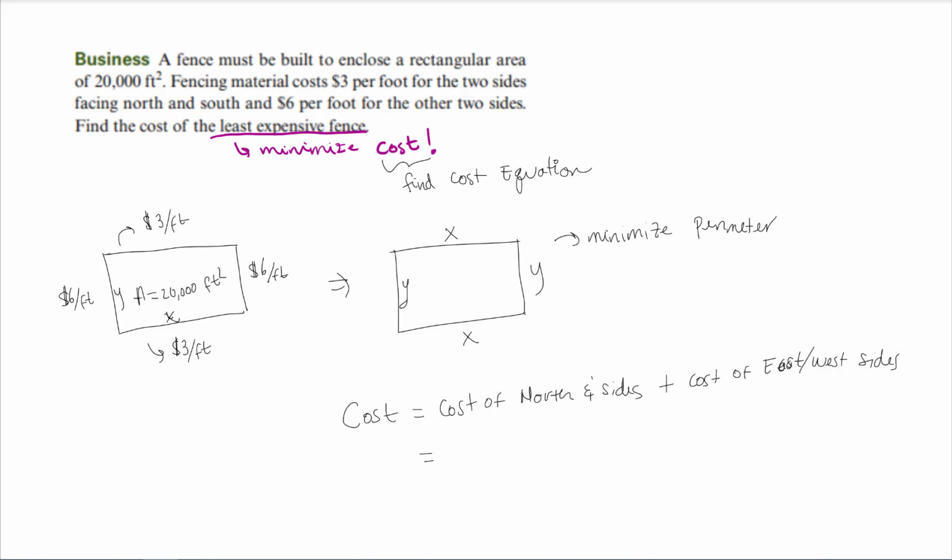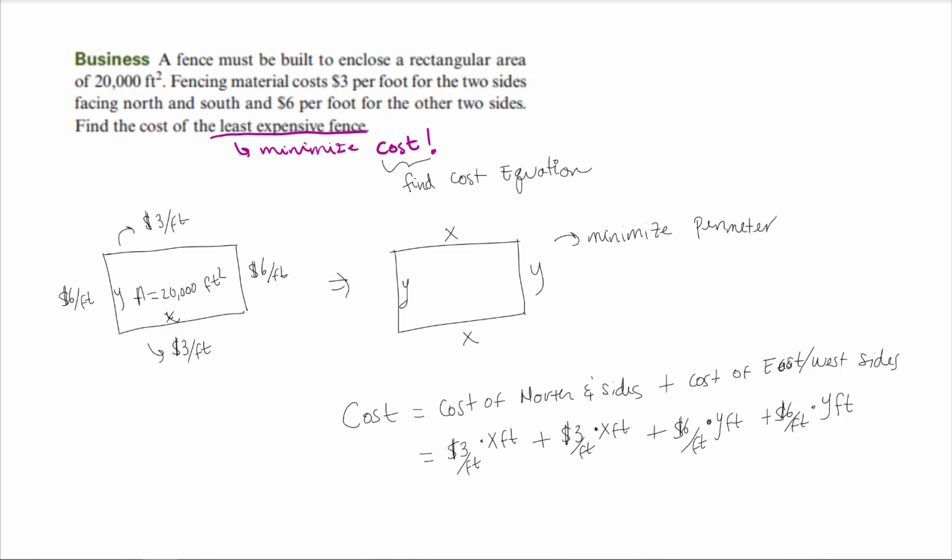For the north side, I'm going to have $3 per foot times x feet. You don't have to write the units, but I'm just pointing it out. The south will be $3 per foot times x feet again, plus the cost of the other two: $6 per foot times y feet for, say, the east, and $6 per foot times y feet for the west.